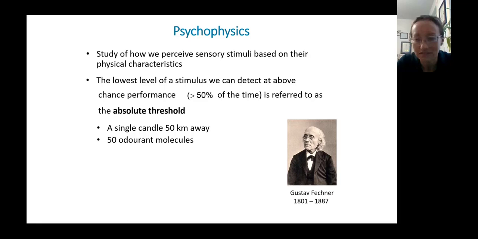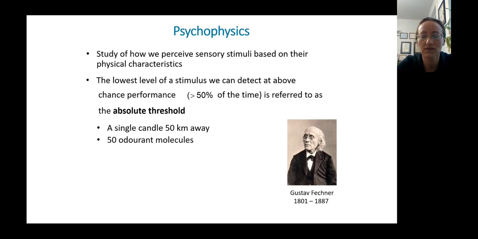We turn the sound down. You can still hear it. We keep turning it down. Now you're straining to hear my voice. And we keep going down. And there might be a point where half the time that I spoke, you could pick it up, and half the time you'd miss it. And that's what we call the absolute threshold.